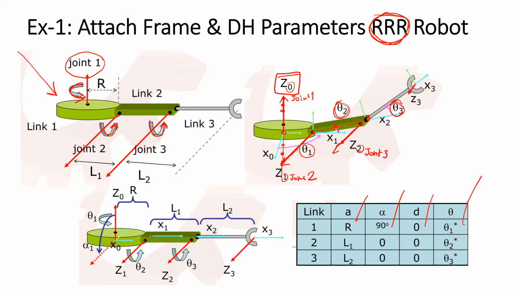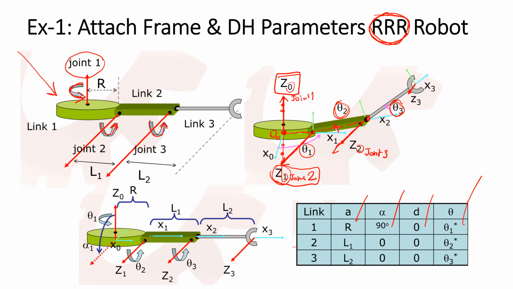If you put O0 here, it will be on the same level as the joint axis 1, the joint axis 2, and the Z1. It will be on the same level.